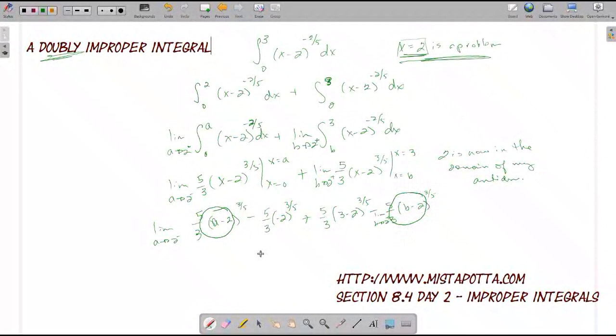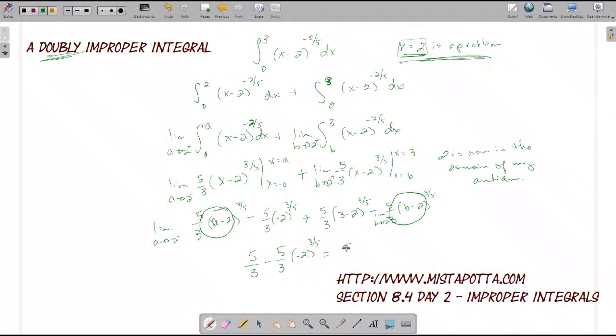So what I've got is 3 minus 2, which is 1. 1 to any power is 1. And 5/3 times 1 is 5/3. Minus, over here I've got 5/3 times negative 2 to the 3/5 power.